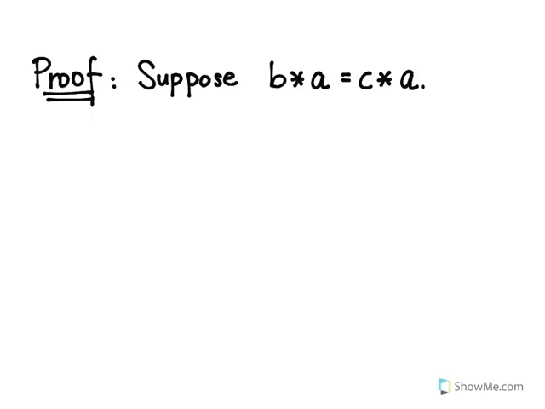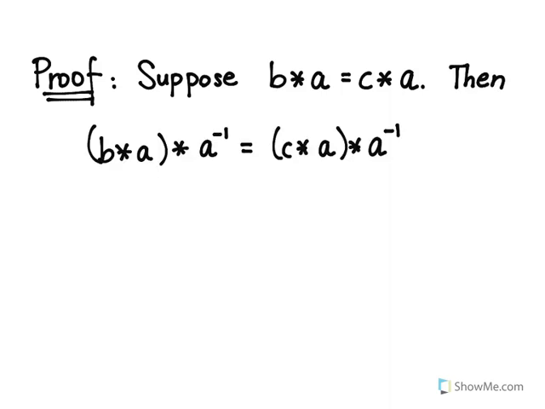So let's suppose that B star A is equal to C star A. And I'm now going to try to manipulate this logically using the group axioms in order to conclude that B is equal to C.